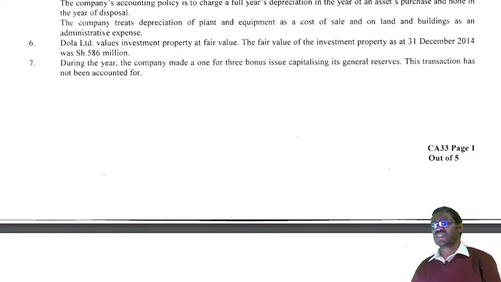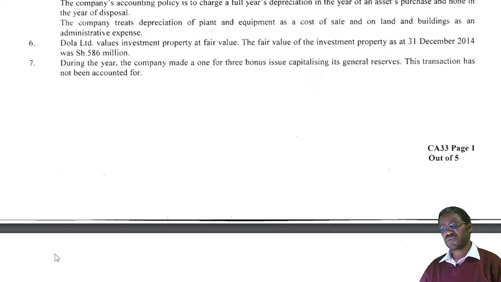Number 7 says, during the year, the company made a 1-for-3 bonus issue, capitalizing its general reserves. This transaction has not been accounted for.